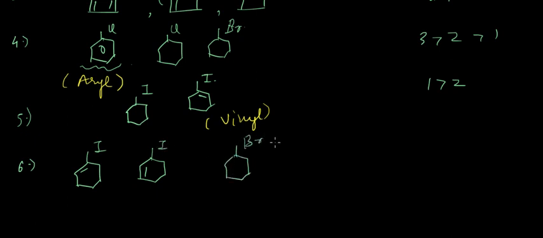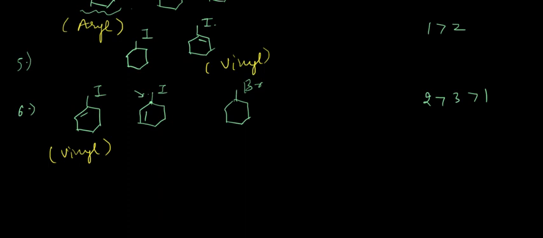So obviously, as you can imagine, the rate would be 2 greater than 3 greater than 1. Why? In this case, at least carbocation formation has a conjugation with a pi bond. In this case, no conjugation with the pi bond, and we need not discuss even this compound. Why? Due to the formation of again vinyl carbocation, highly unstable.